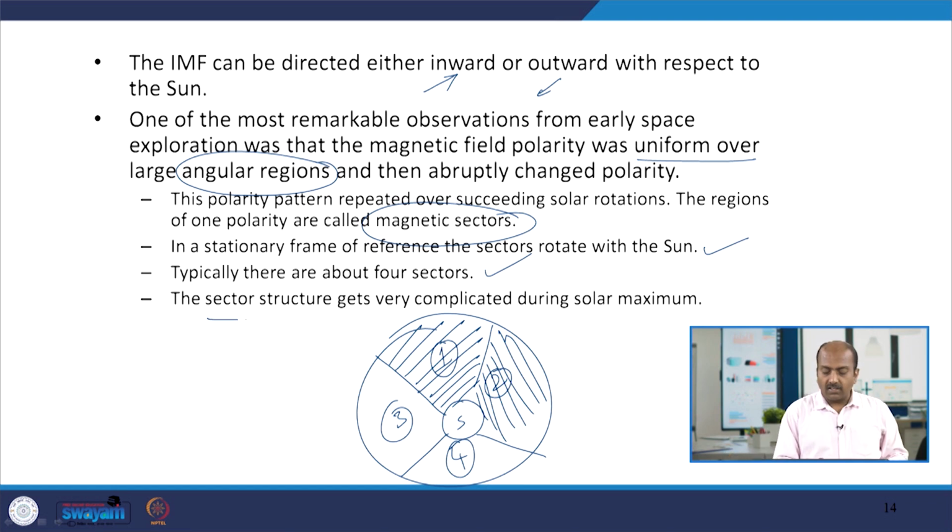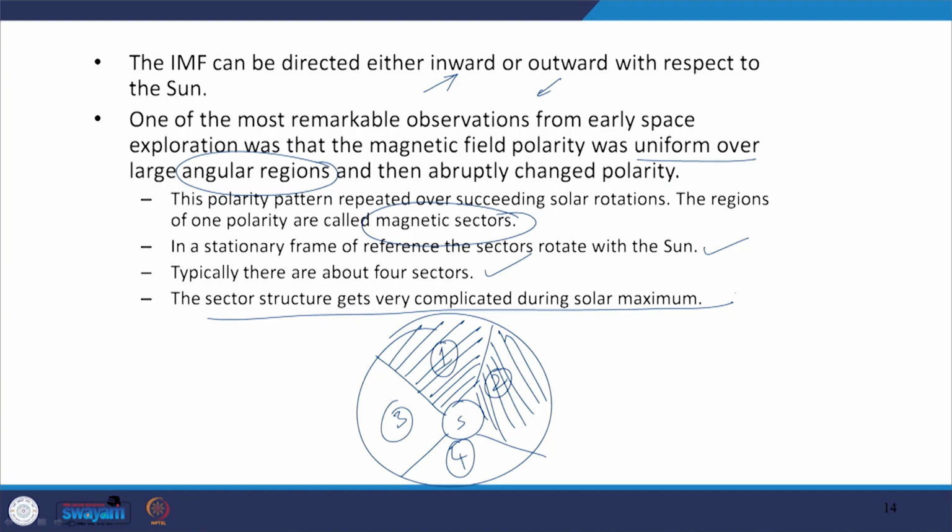The sector structure gets very complicated during the solar maximum. Like I always say, solar maximum is when things are very complicated. There are a lot of sunspots, there are a lot of prominences, and all those things reach their maximum values only at the solar maximum. Why?